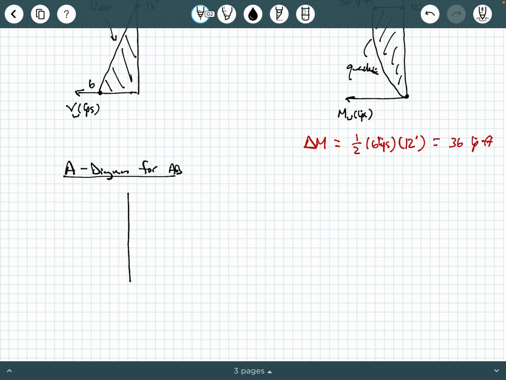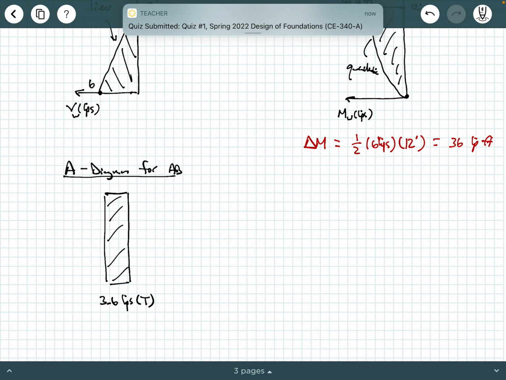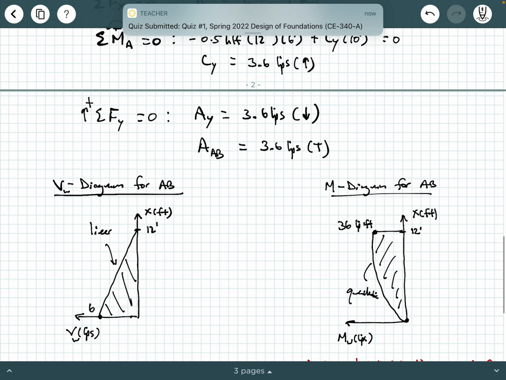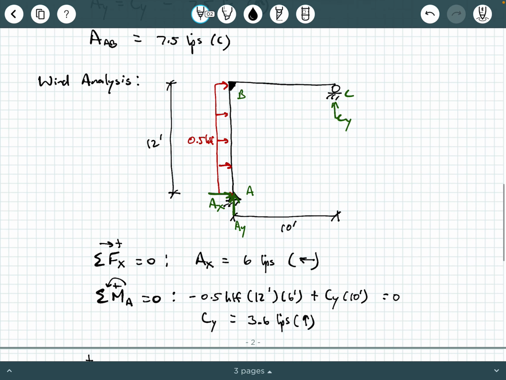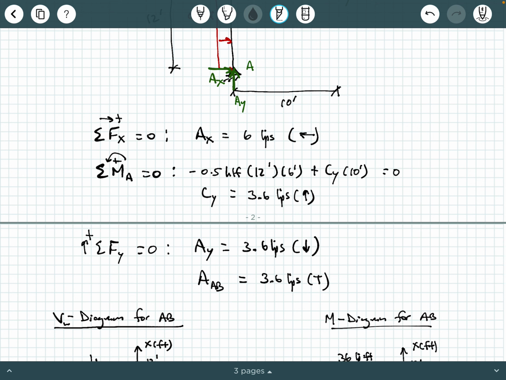So our axial diagram will be a constant value of 3.6 kips in tension. Again, you have nothing else that is generating an axial load in this vertical member other than AY, which is translating as your 3.6 kips in tension.